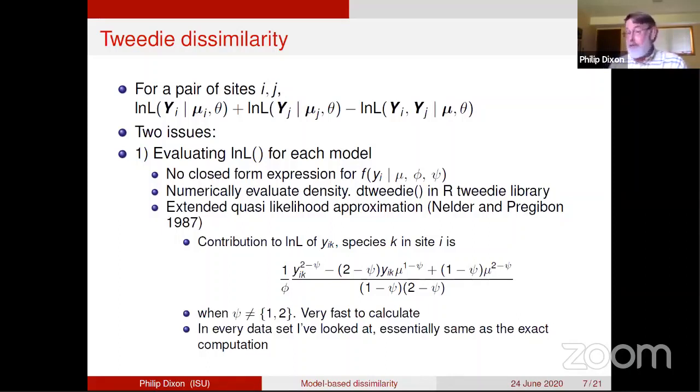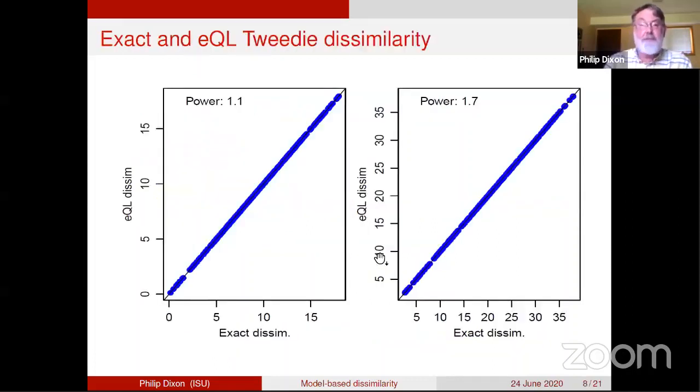That approximates the higher order moments, the lower order moments of that distribution, and you can write the contribution to the deviance, or half the deviance, in closed form as a function of the various parameters. So when the power is in between 1 and 2, this is exceedingly fast to calculate, and in every data set, it's essentially the same as the exact computation.